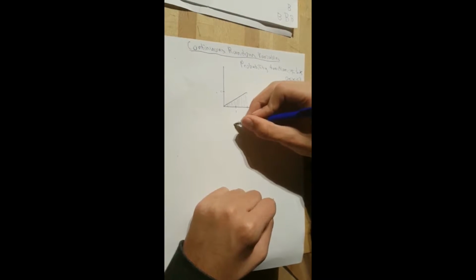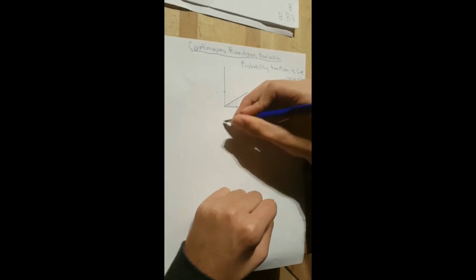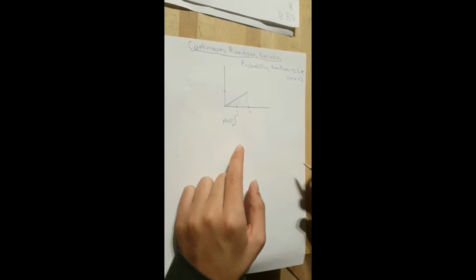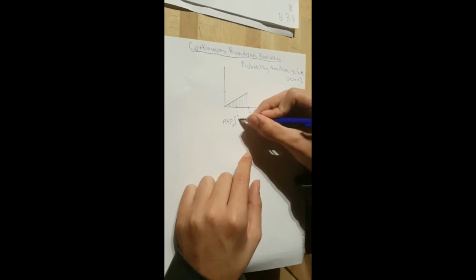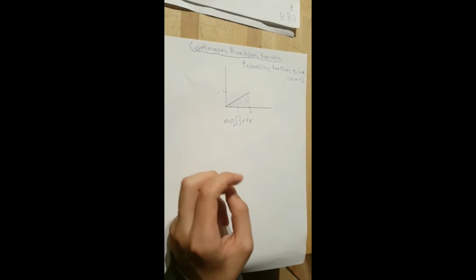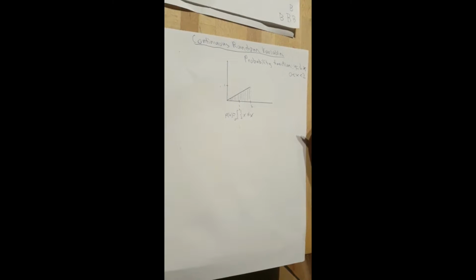That is equal to p of x is equal to the integral from 0 to 2 of half of x dx. And I'm going to show that it has to equal 1.